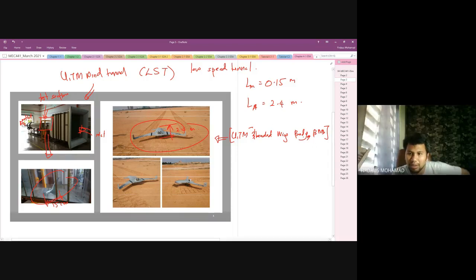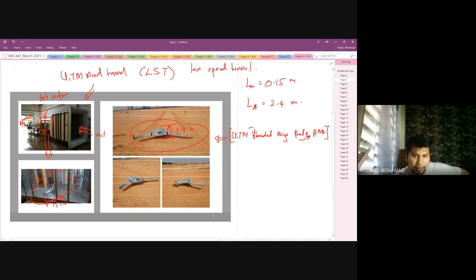Your UITM blended wing body, basically research has been done from 2005 in UITM, which is focusing on the design optimization in terms of aerodynamics, how to improve the lift and drag ratio. For example, this type of aircraft has a very high lift to drag ratio, up to 24 compared to conventional aircraft.